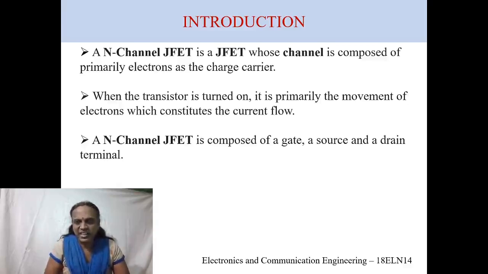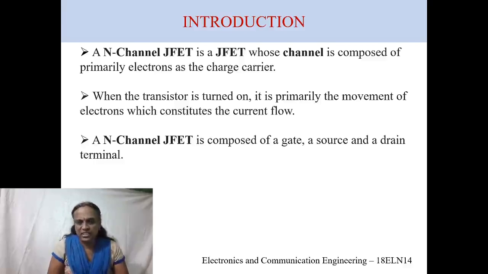And the current will flow from one terminal to another depending on the type of the voltage which is energized between these terminals. When the voltage is on, the current is flowing from one terminal to another.